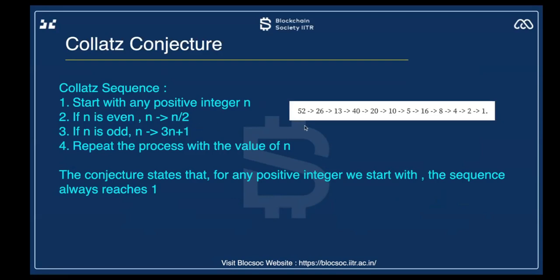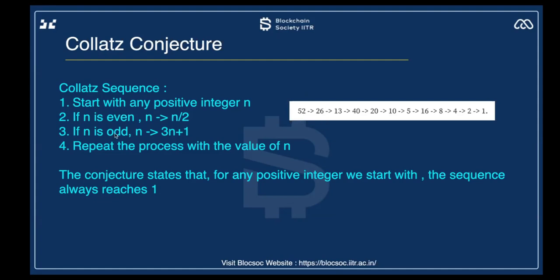So let's understand it with an example. Here's a sequence printed on the screen. It's called Collatz's sequence, and its properties are that we can start with any positive integer n, and if the current number is even, then the next number would be half of it. Like this is 52, it is even, then the next number is half of it, which is 26.